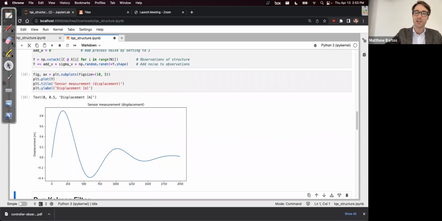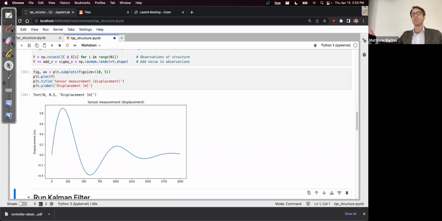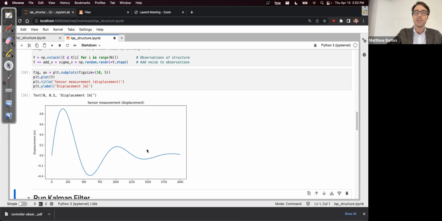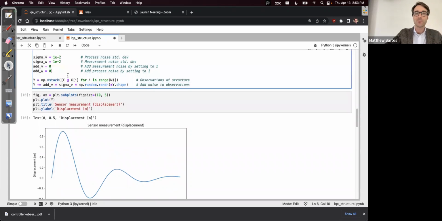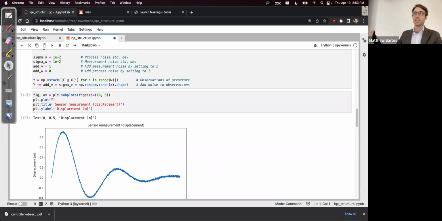And you can see this is our observation of the structure's movement. You can also use these parameters here to turn on noise. So you can also add random noise to the structure if you want. So here I'm just going to turn on some random noise, and you can see it adds that to the sensor observations. But for right now, I'm just going to leave it 0.